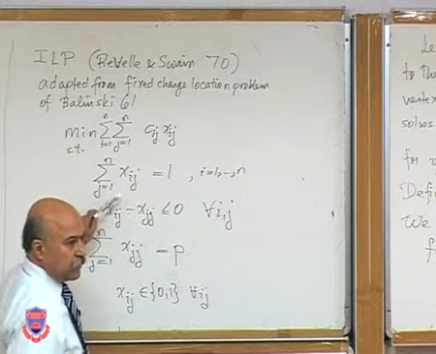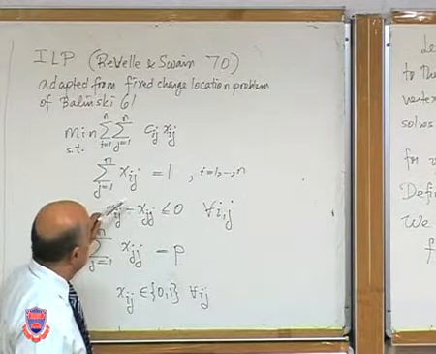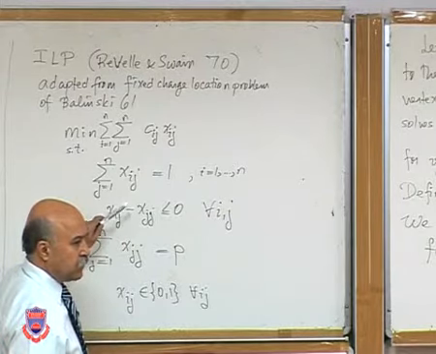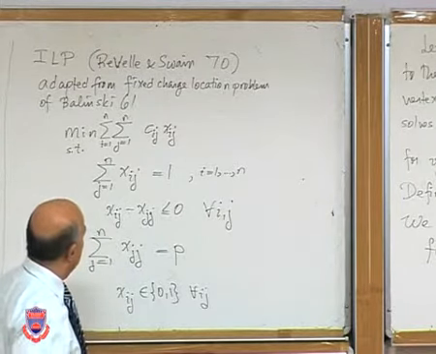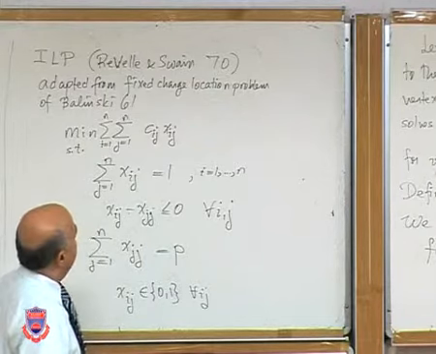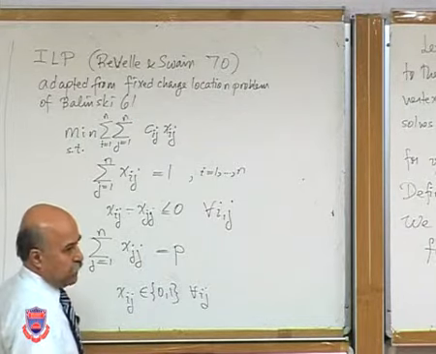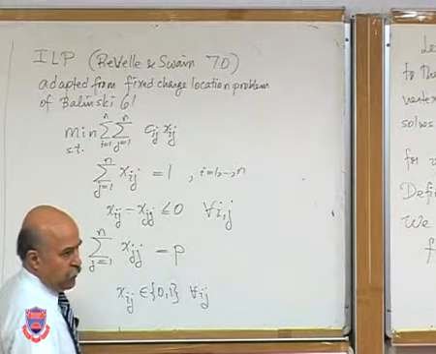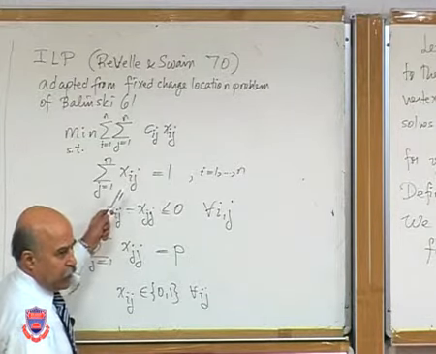Instead of equality, greater than or equal, we would be satisfying the requirements, and the objective function would minimize the cost. Yes, you can do that. I don't think it would hurt the solution. It would relax it.